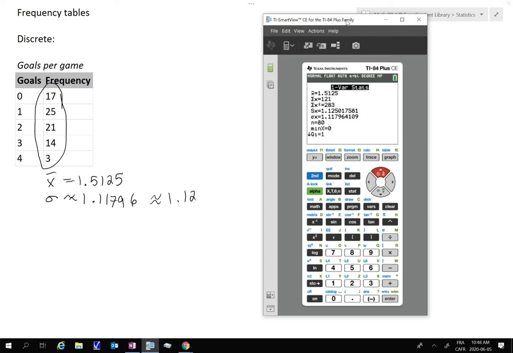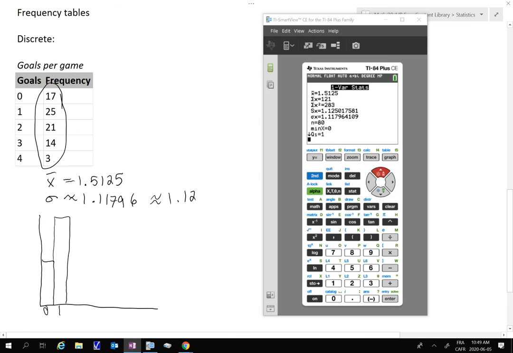For this, I can also visually see what's going on with this distribution by using a bar graph. I don't have grid lines here, so it's not going to be super nice, but let's say 0 goals is 17, and 25 times I got 1 goal. 21 would be exactly halfway between 17 and 25, so that should be there-ish.